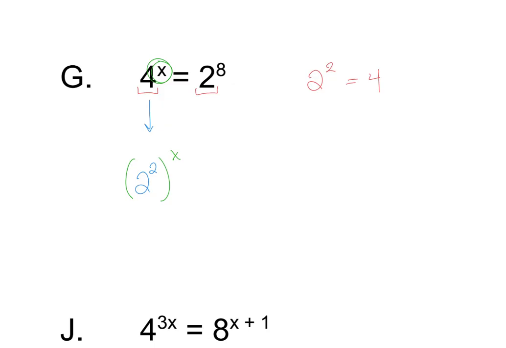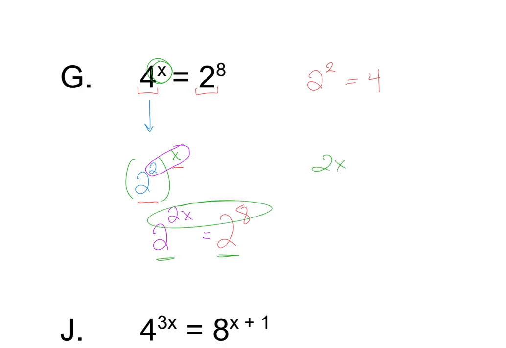So I have 4 to the x is 2 squared to the x power. And when you have a power to a power, that's 2 to the 2x power, right? And then on the right side is 2 to the 8th. And now you see, base is the same. Let's focus on the exponents.